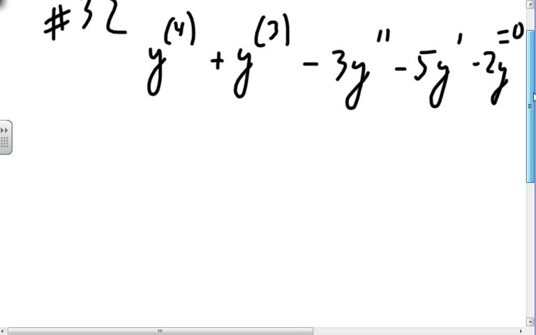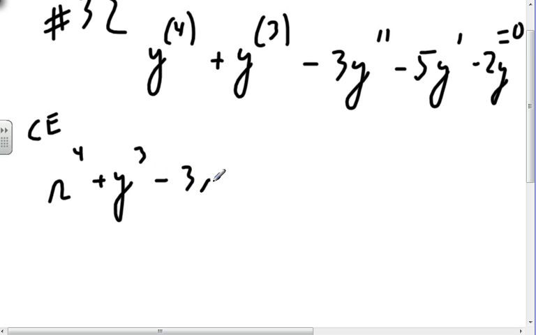And we look at that and we say, I'm glad I remember my algebra 1. Okay, so characteristic equation, r to the fourth plus r cubed minus 3r squared minus 5r minus 2 is 0.